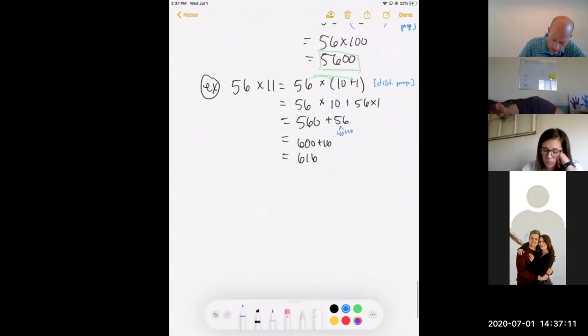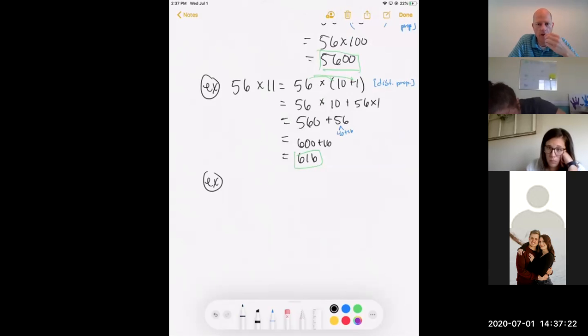Okay. Good. What property is that? Oh, distributive property. Okay.